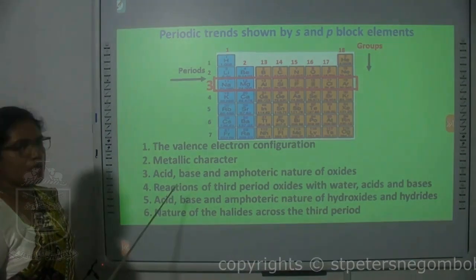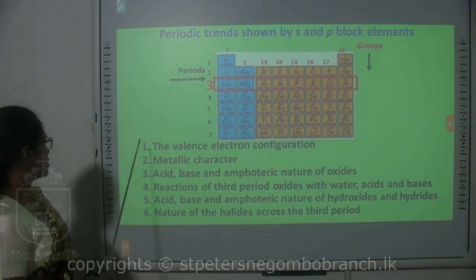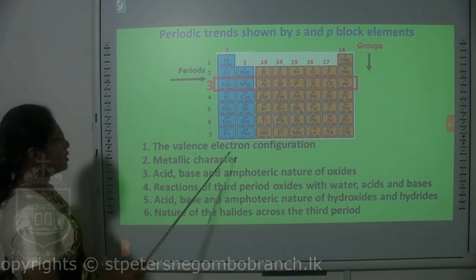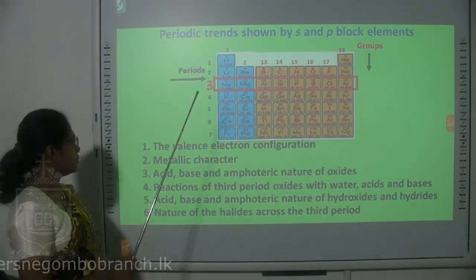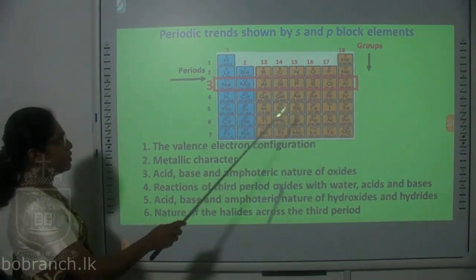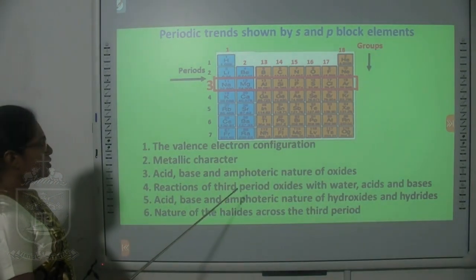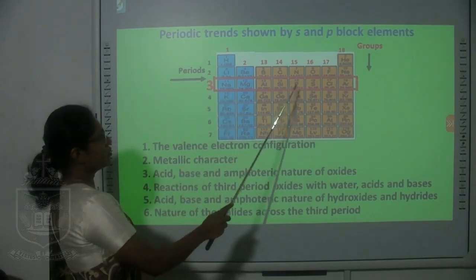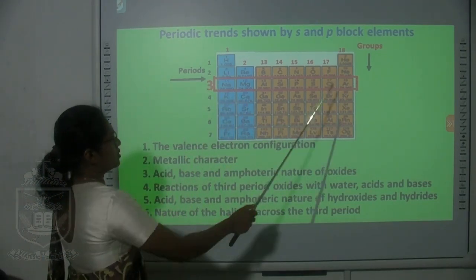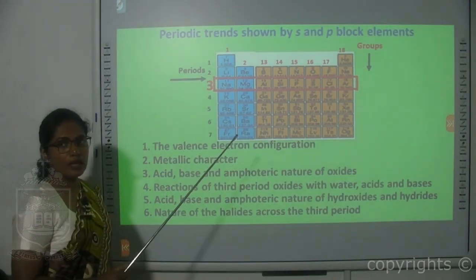So in this part of the lesson, we are going to focus on the valence electron configuration of s and p block elements, the metallic character of s and p block elements, and the acid, base and amphoteric nature of oxides of period 3 elements. In the red box, I have shown you the period 3 elements.